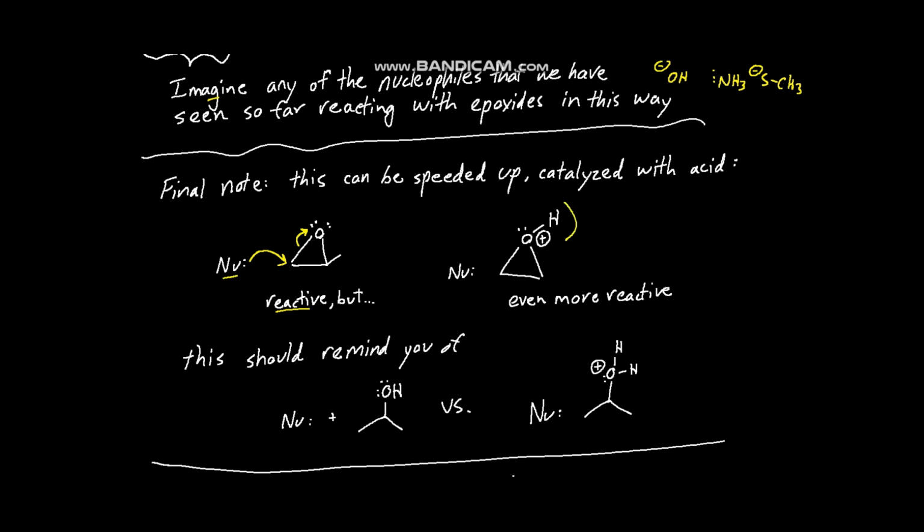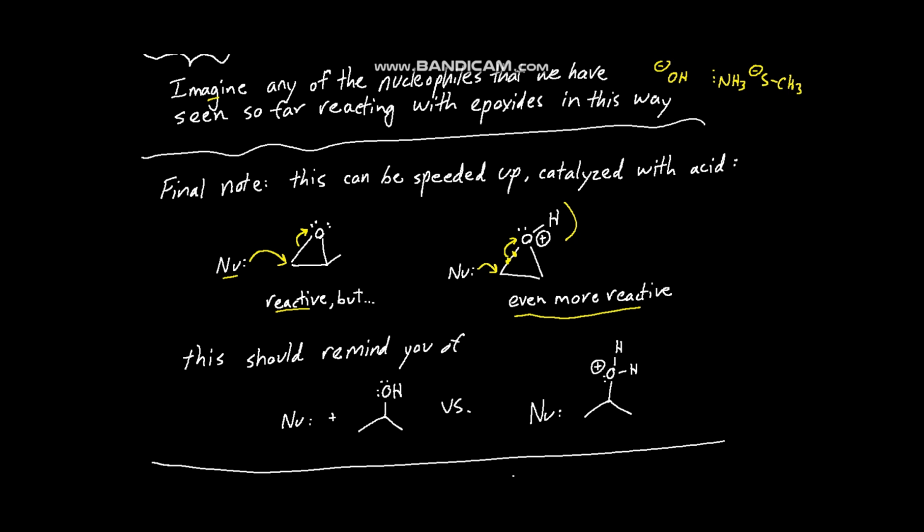We get this activated oxygen, basically. And the nucleophile can come in, same mechanism. But notice these electrons are going to want to go to the oxygen even more now because they're going toward a full positive charge, which certainly is the direction they want to go. So that's even more reactive. It's catalyzed, it's sped up.